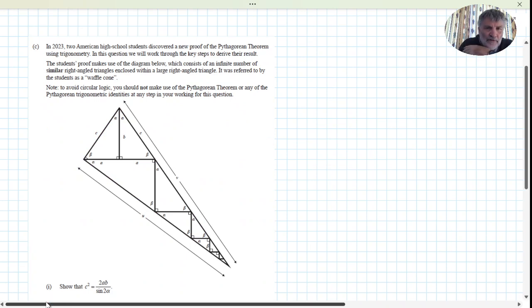This is a Pythagorean theorem proof that was discovered by 2 school girls in the United States in 2023.